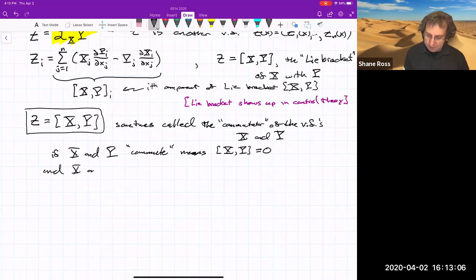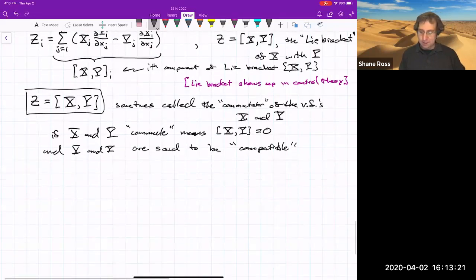And X and Y, the vector fields, are said to be compatible. And what does that mean, compatible? I'll get to that.